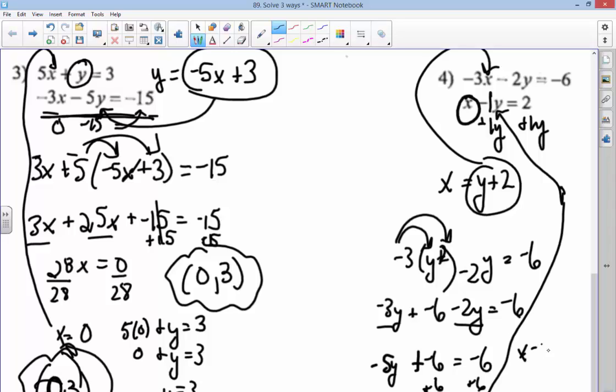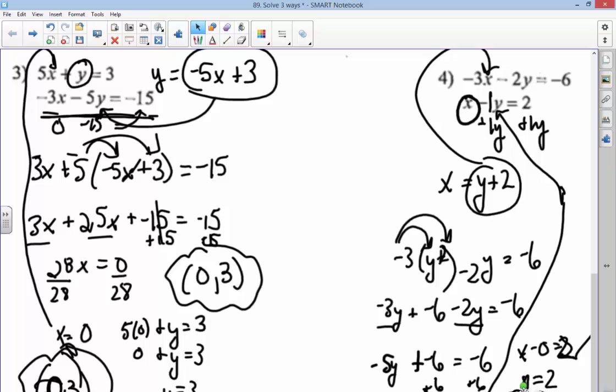So x minus 0 equals 2. What's a 2? So x equals 2. So the ordered pair solution should be 2, 0.